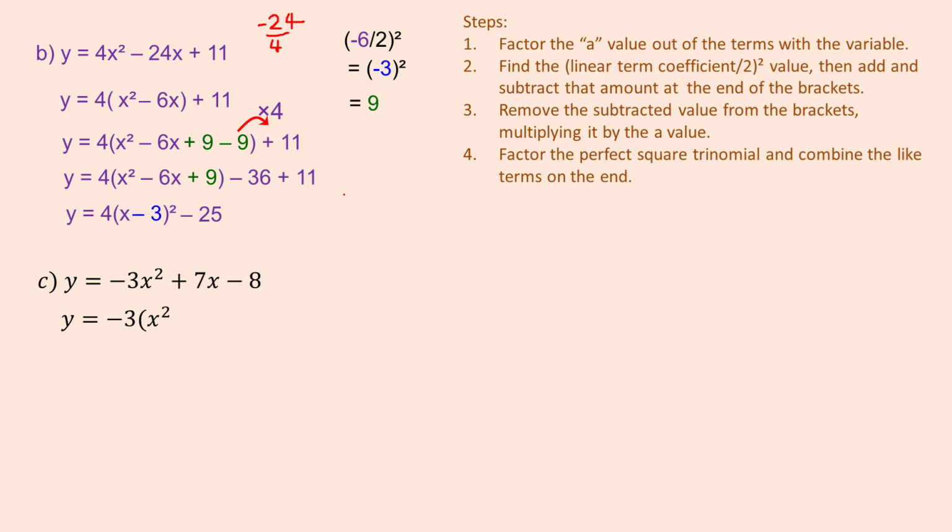If I take that 7, because I'm factoring a negative 3 out, we're dividing it by negative 3. Now there is an x here, so this is going to be negative 7/3 x. So that's how you find the term if that coefficient doesn't factor evenly. Okay, so it's going to look like this.